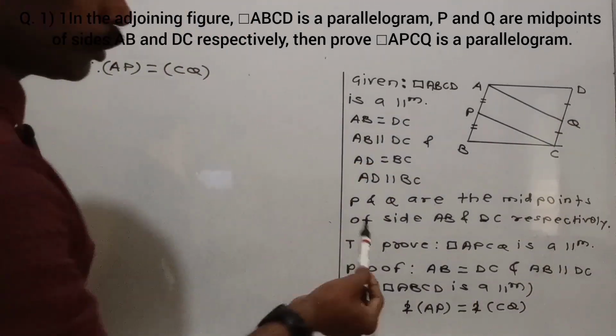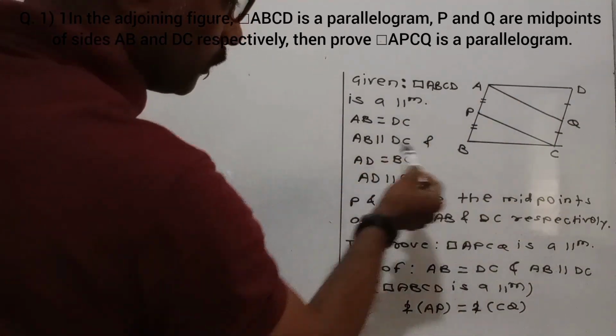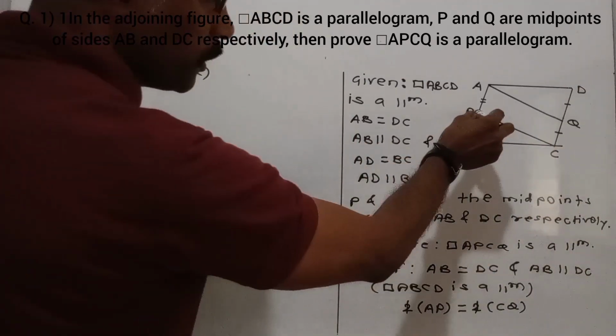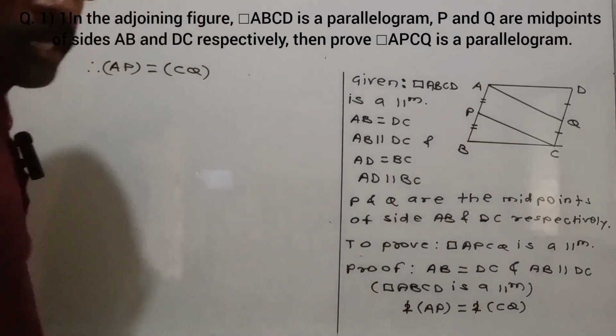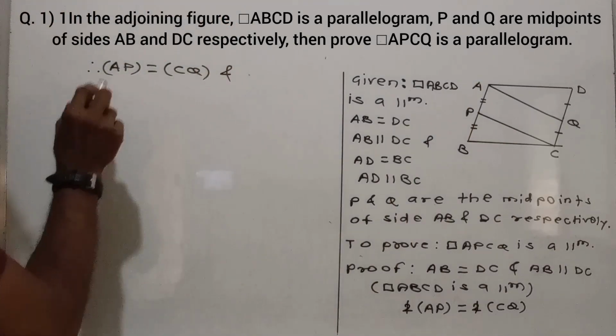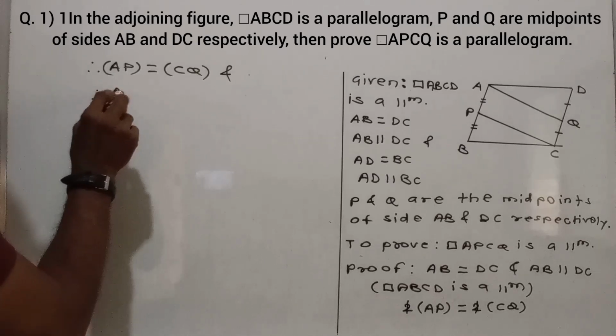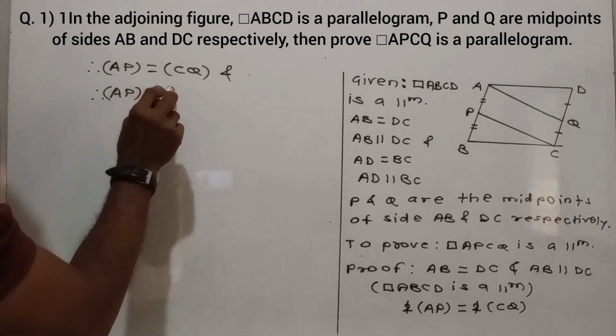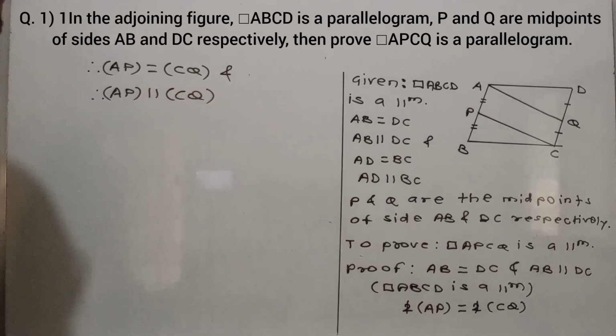And I have told you AB parallel to DC, and this P is the midpoint of AB. Therefore, we write AP parallel CQ. Did you get it?